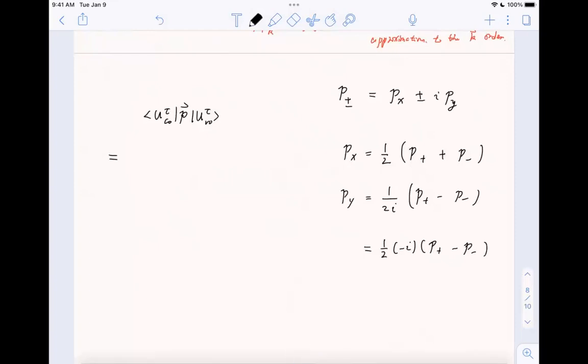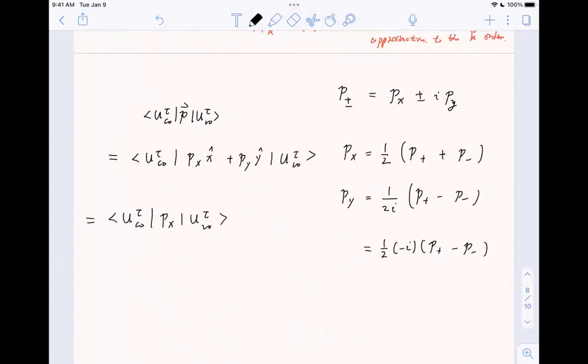So this is Px and Py, and then you are going to separate them. Do we?